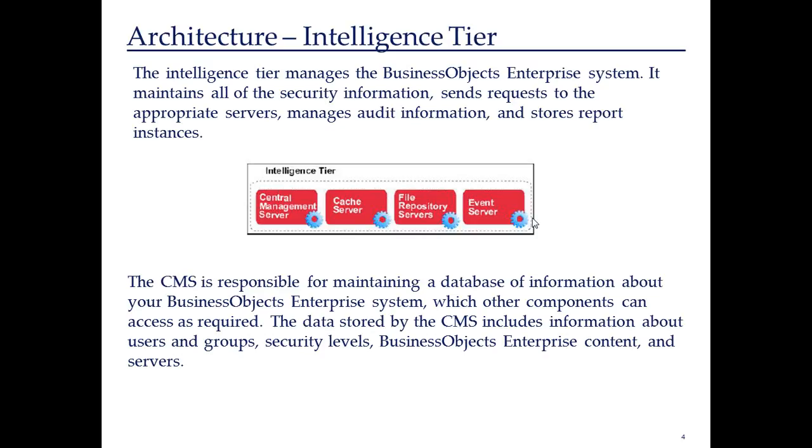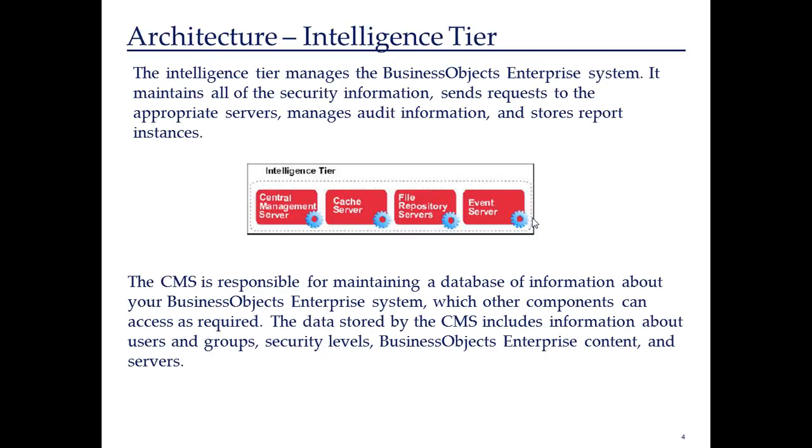So this business object server, at the time of installation, is going to create one repository. We call it CMS repository. Repository is nothing but a database, wherein all the content, whatever that you see in your business objects enterprise, is actually coming from that repository.